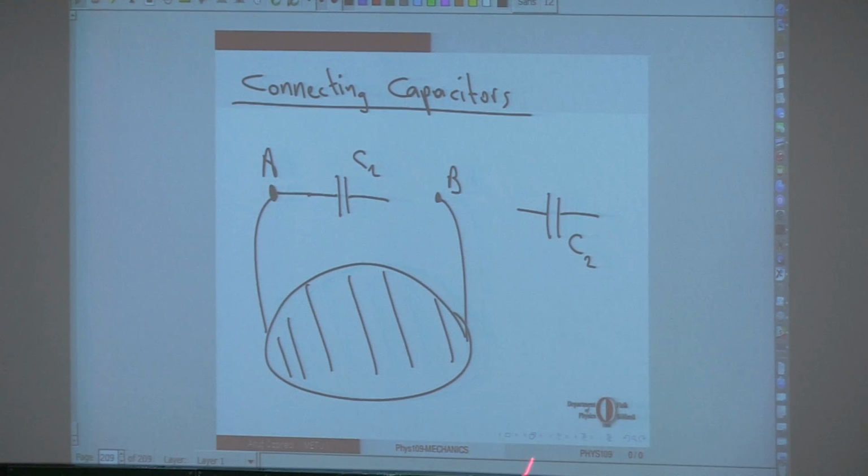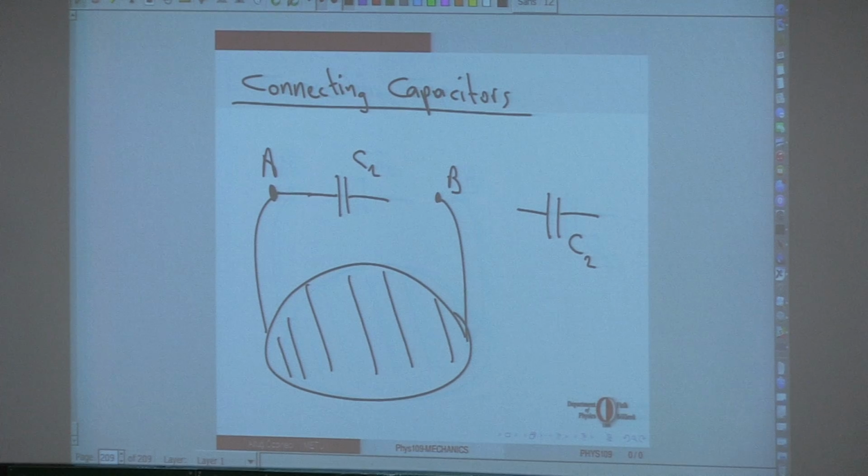Now what should I do with this end of C2? Should I connect it over here, or over here, or can I connect it somewhere else? Okay, that's one choice, but in that case we are not connecting the capacitors. I would like to connect these capacitors. So where can I connect it? This one end either here or here, or any other choice.